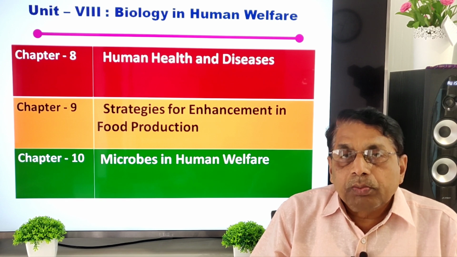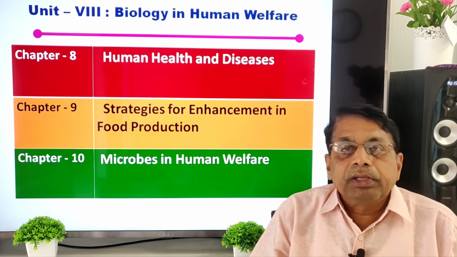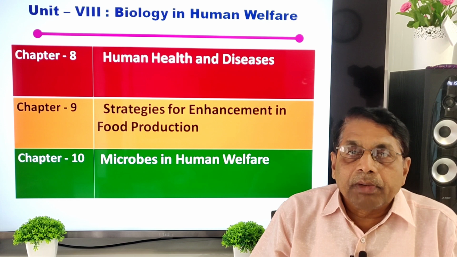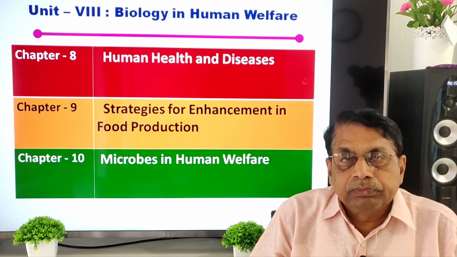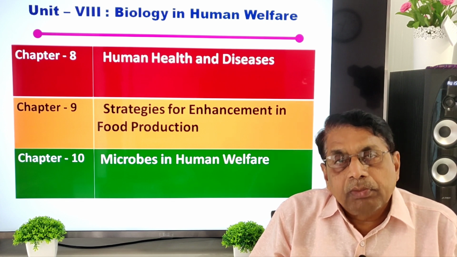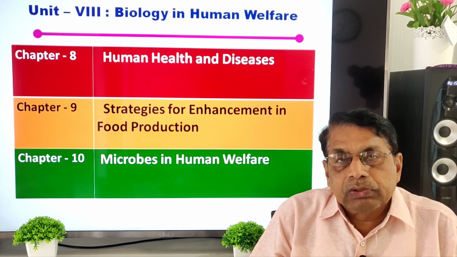We are getting so many things directly from the microorganisms or the processes that have been carried out by the microorganisms. For example, SCP is there, single cell protein. Then similarly, mushrooms are there. Then we are producing the cheese.